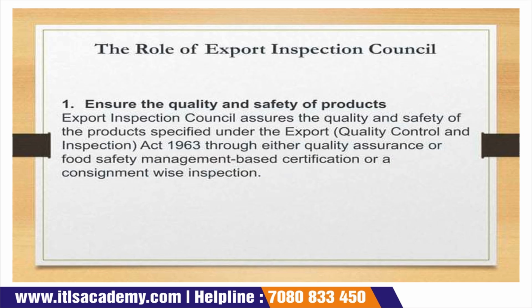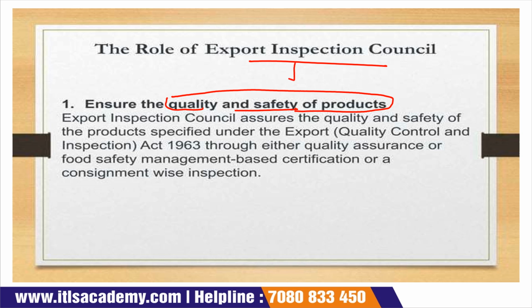Okay, now the next one is the role of the Export Inspection Council. The first one is to ensure the quality and safety of the product. First of all, the role of this Export Inspection Council is what? They have to ensure that the products that are exported have good quality and are safe.